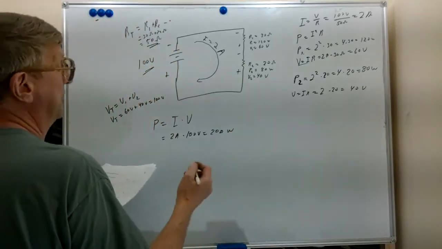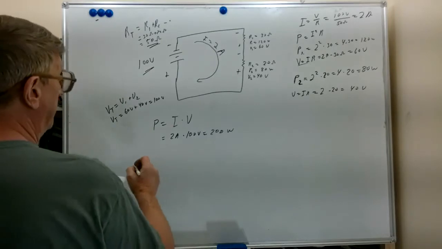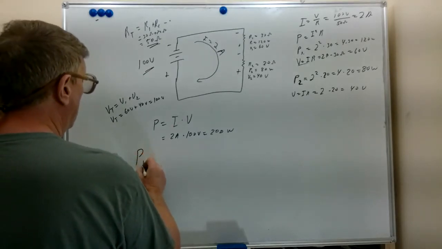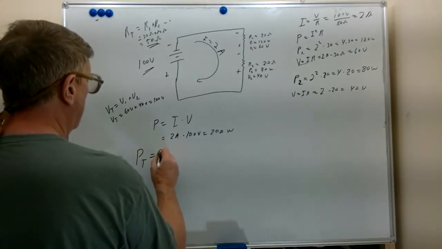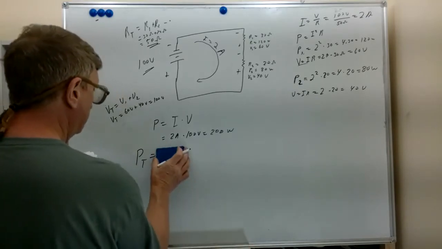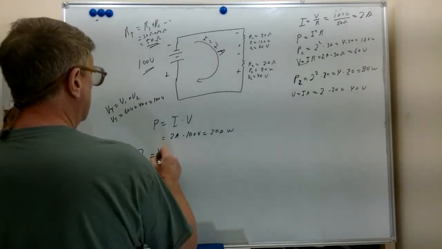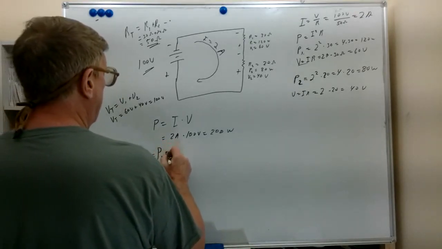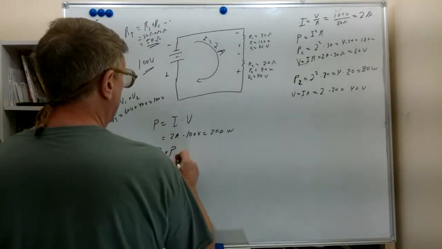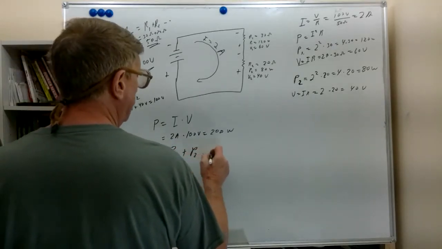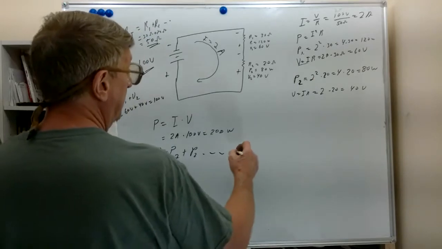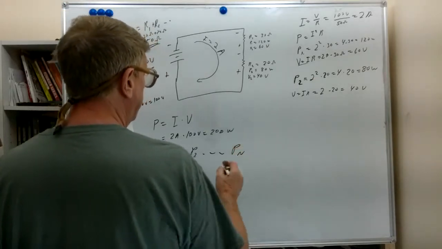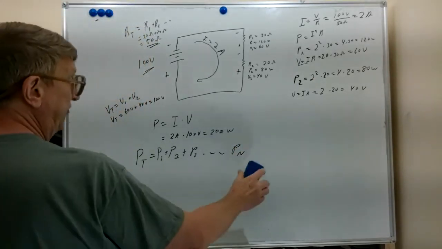And we have our power formula that says power total equals power 1 plus power 2 plus power 3 dot dot dot on up to power n, however many we have. In this case we only have 2, so I'm going to erase this part of it.